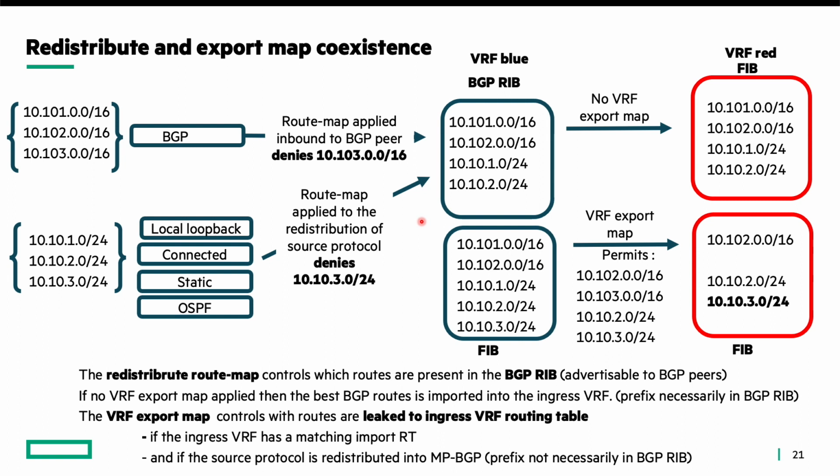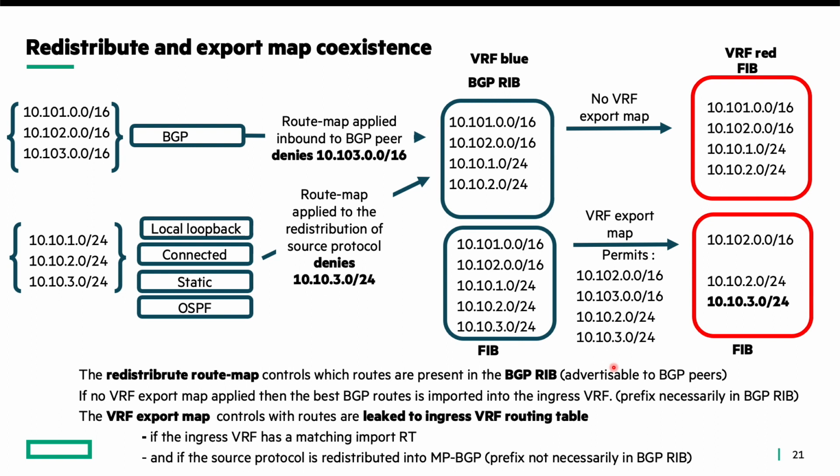It gives us much more flexibility, because you may want to forbid a prefix from being installed in the BGP table, so that it is definitely not going to be in the BGP RIB of the VRF.